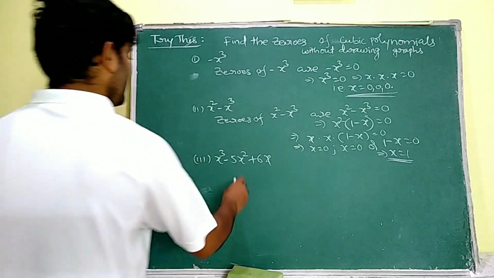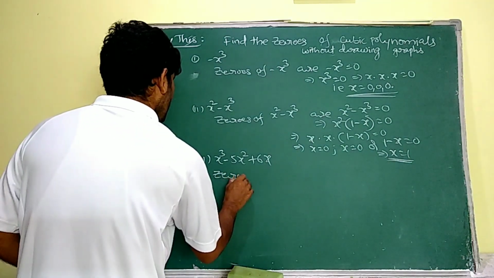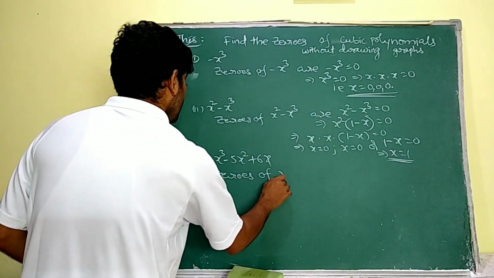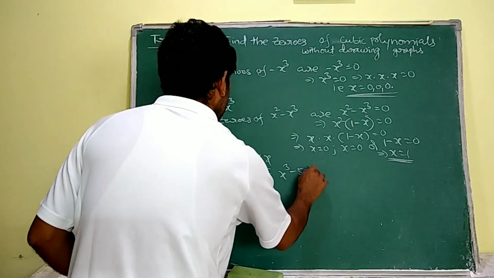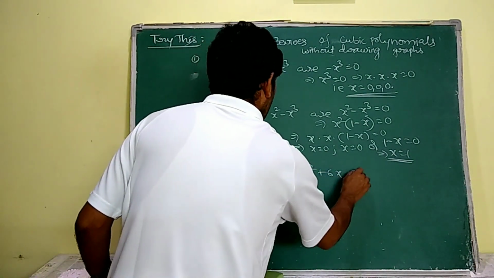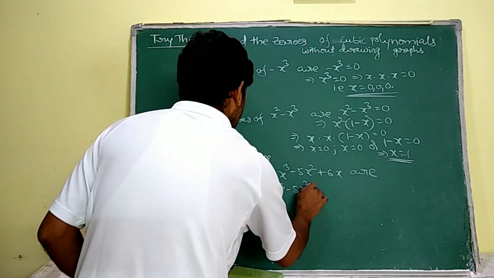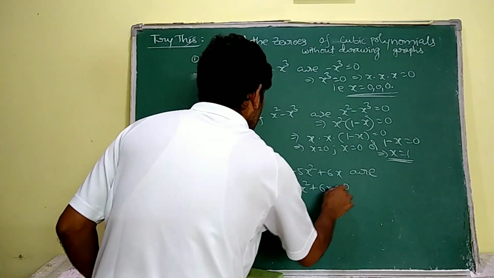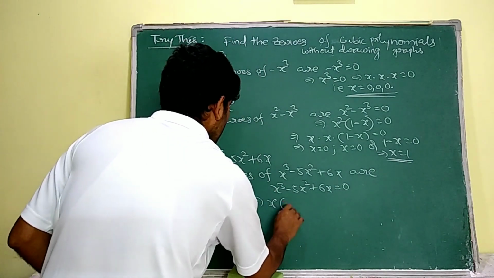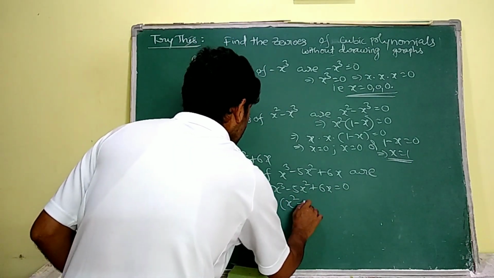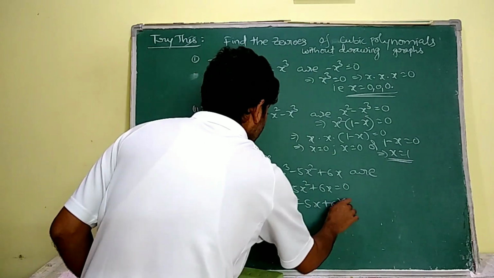Now zeros of x cube minus 5x square plus 6x: x cube minus 5x square plus 6x is equal to 0. Here I am having x as common, then take out that x, and x square minus 5x plus 6 is left.